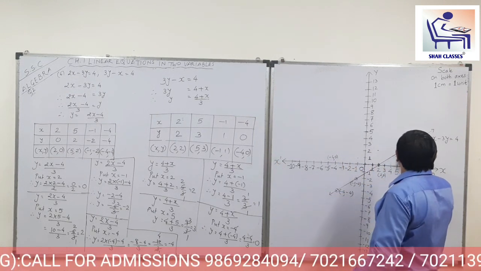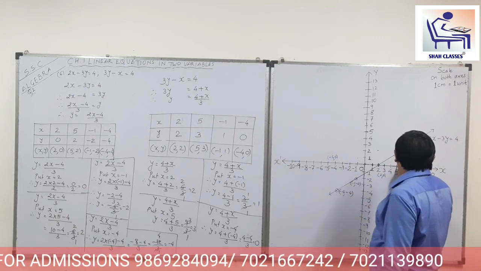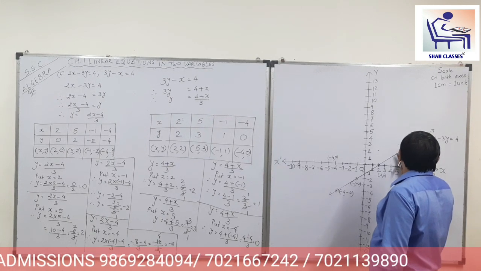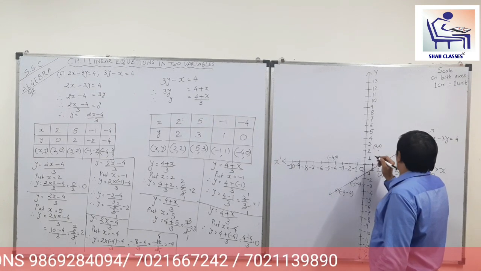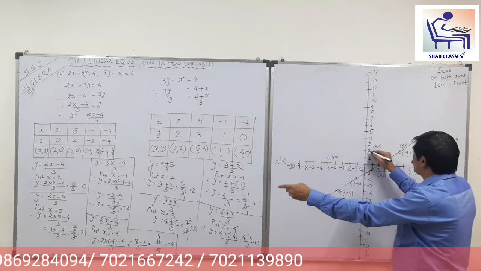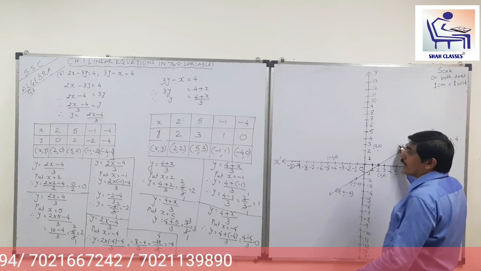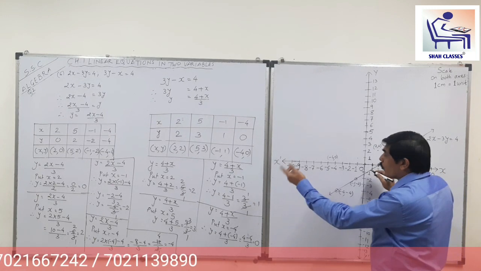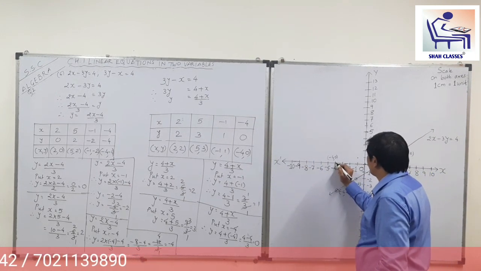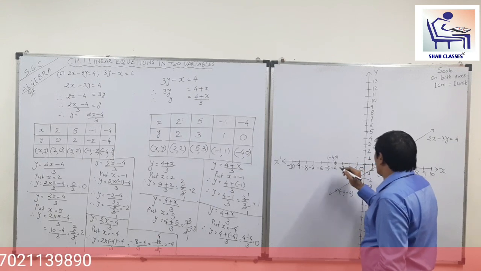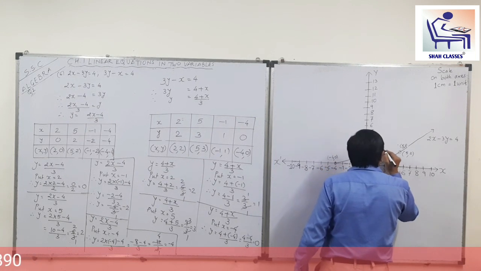First point is 2, 2, then 5, 3, minus 1 and 1, this is your third point, and minus 4, 0. Now we have to pass the line through these points.